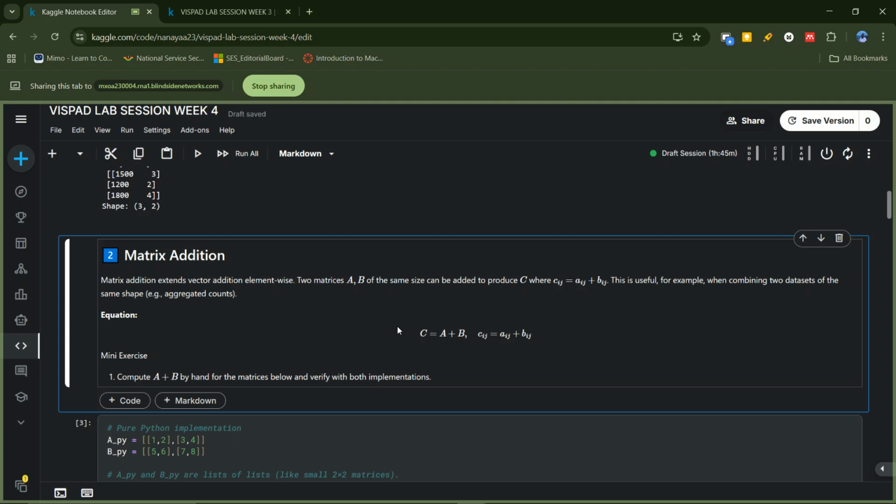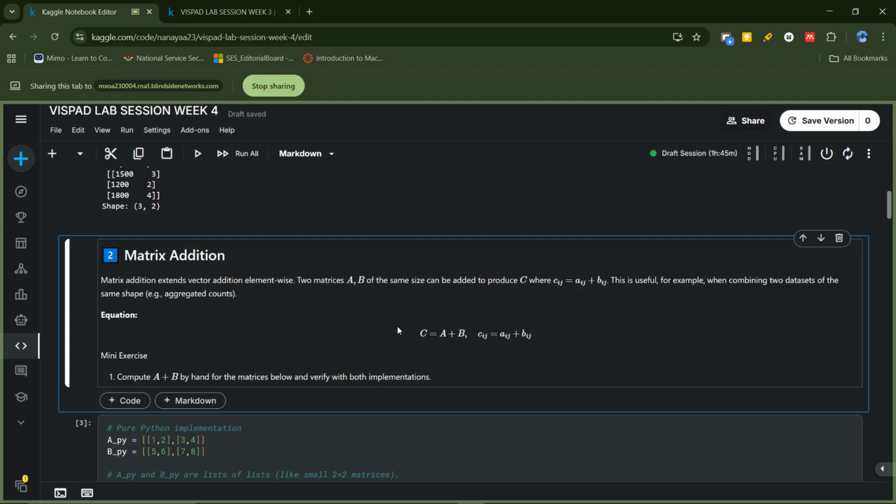Two matrices A, B of the same size, very critical, they must be of the same size, can be added to produce C, where Cij is equal to Aij plus Bij.